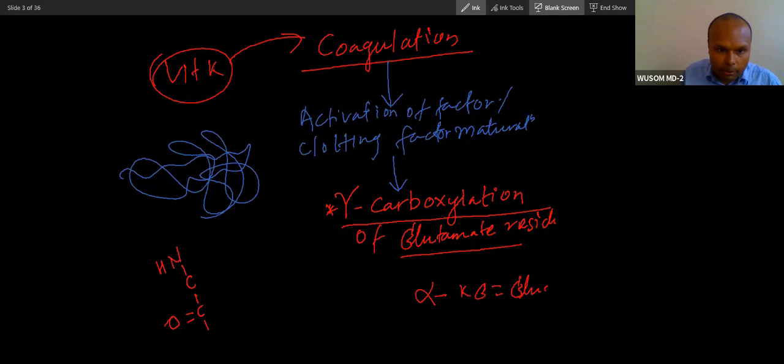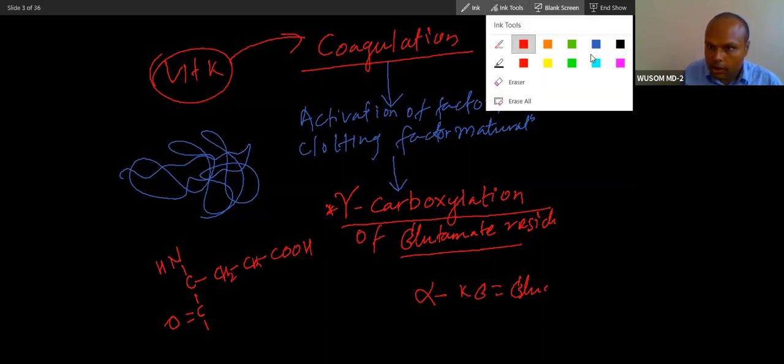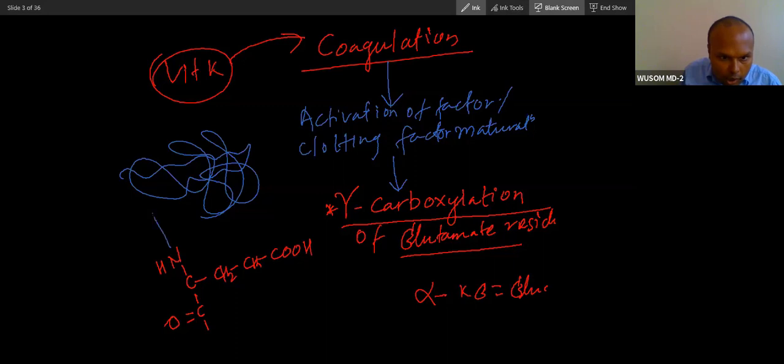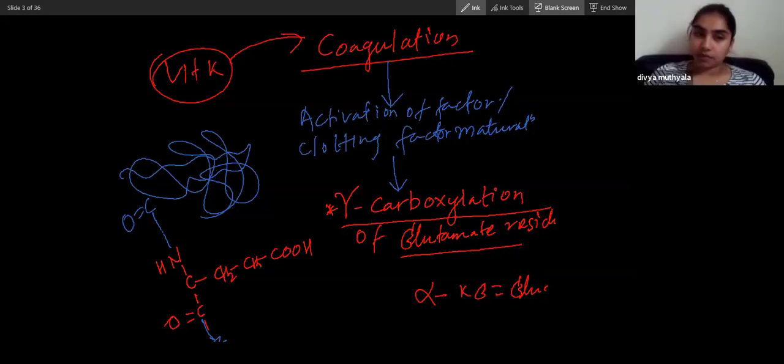So this is a 5 carbon: 2 carbon, and then 3, and then 4, and then 5 carbon carboxyl. So this is glutamic acid present in protein. Can you see this is another amino acid bound to the protein? This is an amide bond, a peptide bond. Here also another amino acid will be present. Did you understand this? Yes, sir.